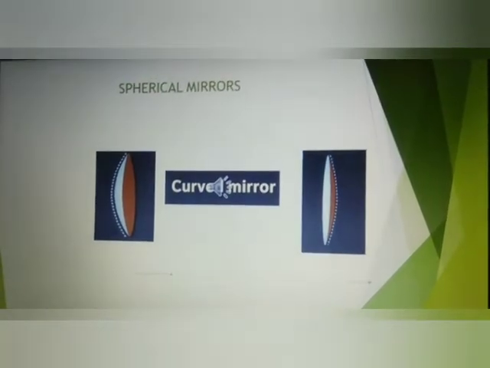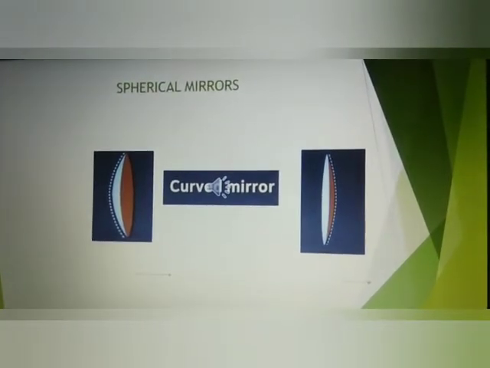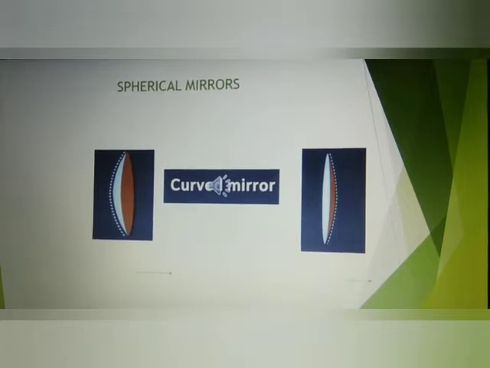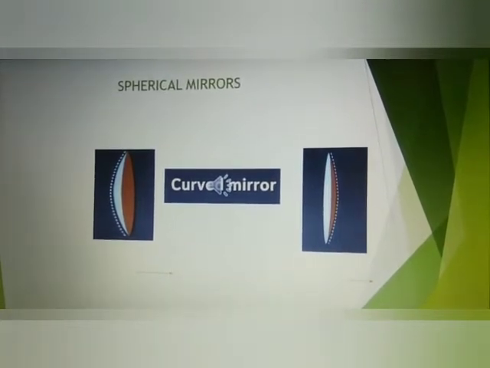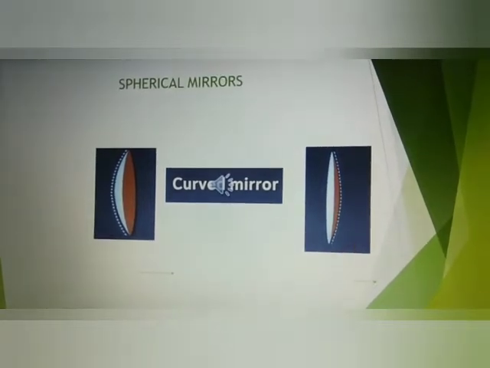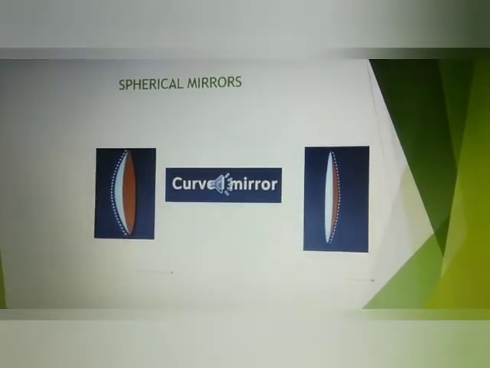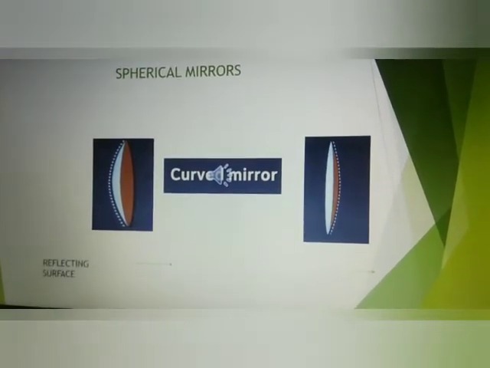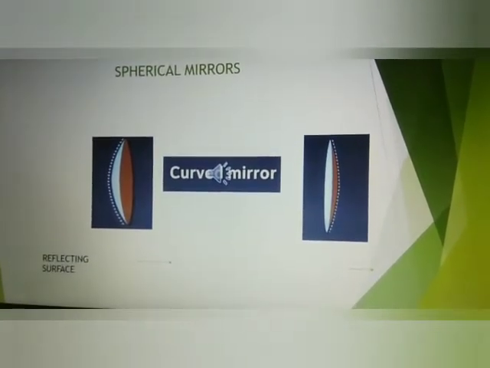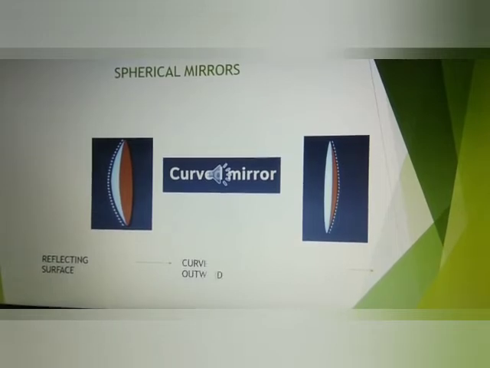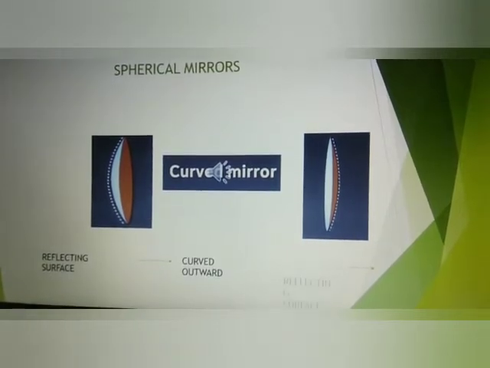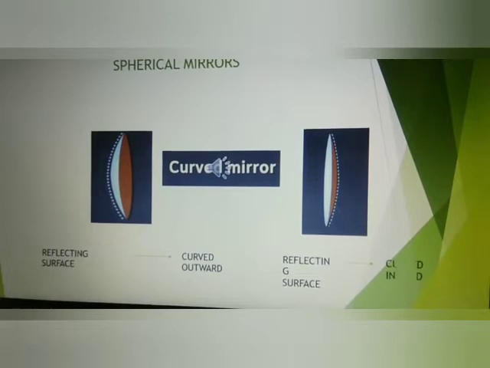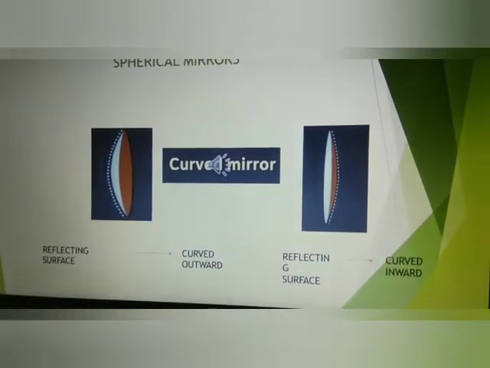Now what can you say about this one? There you can see two curved mirrors. The only difference is, in one, the reflecting surface is curved outward, and in the other, the reflecting surface is curved inward.